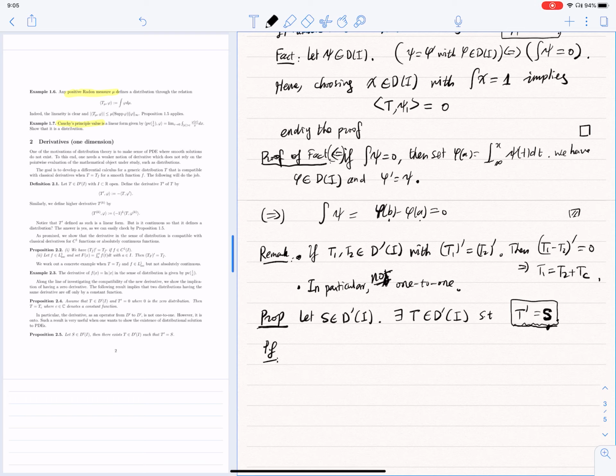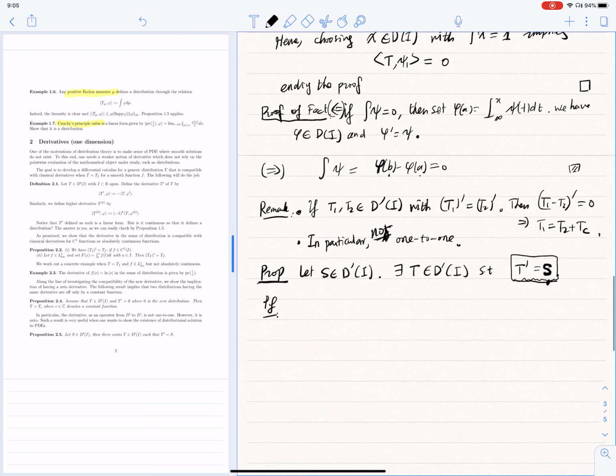Now, how to prove this? Some of the techniques used in proving the previous proposition will be used again. First, we want to show that T applied to phi prime is equal to negative S applied to phi, for a generic test function phi.